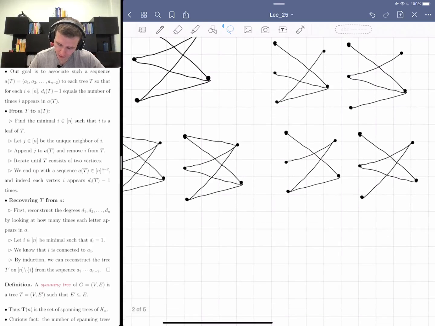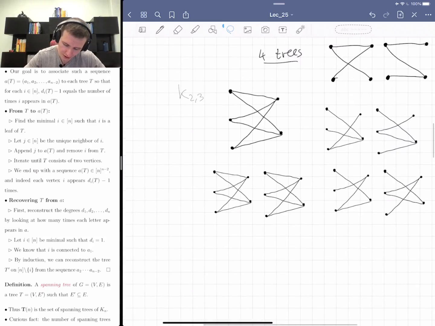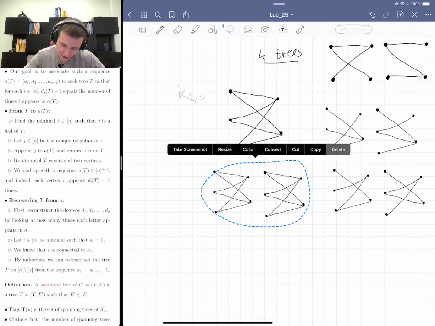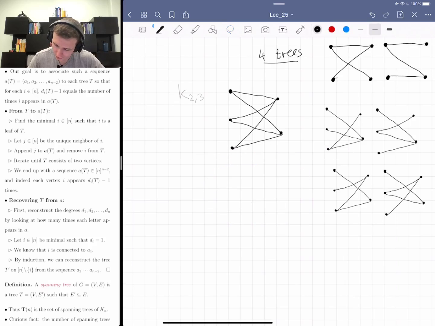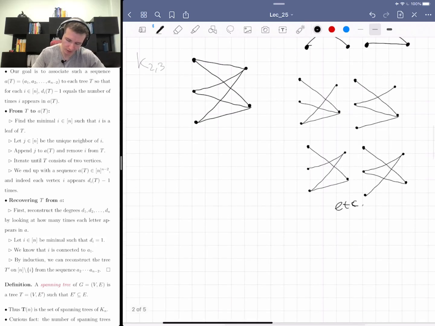And well, should I keep going? Let me just write down etc. because at some point I'm going to get confused. So I can't even compute how many trees there are. But anyways, let me give you a formula.